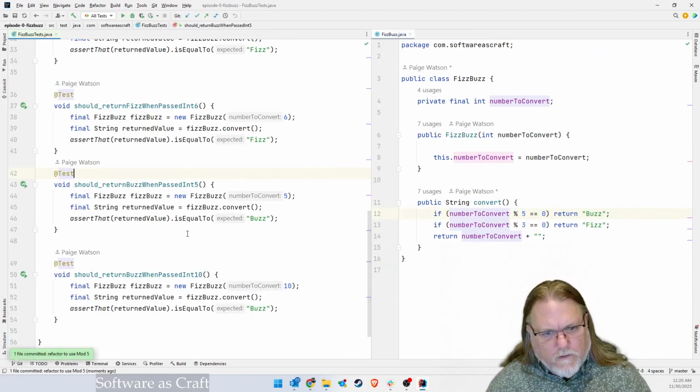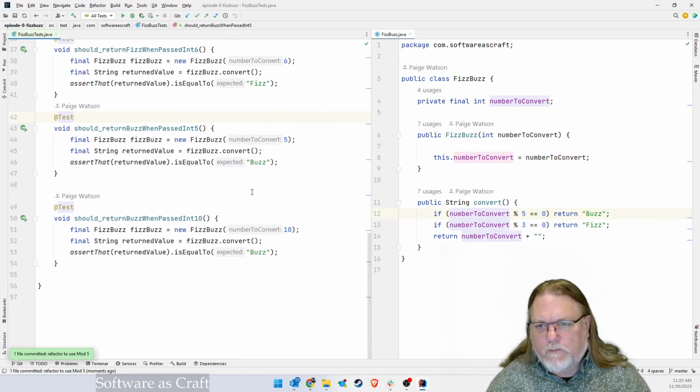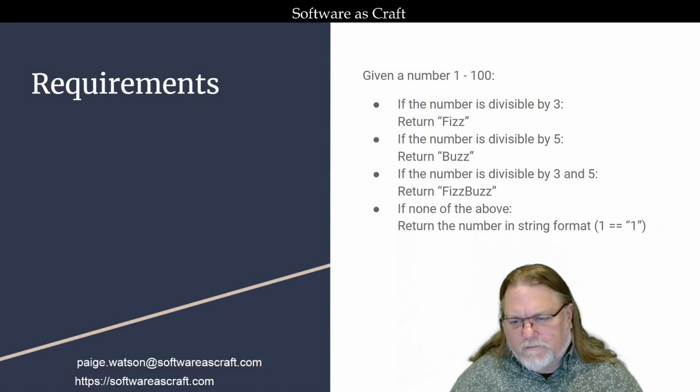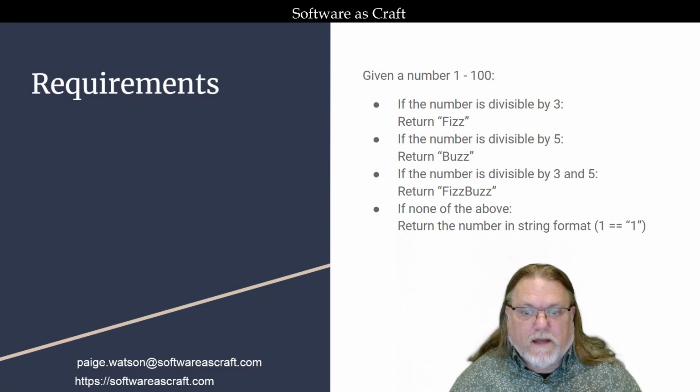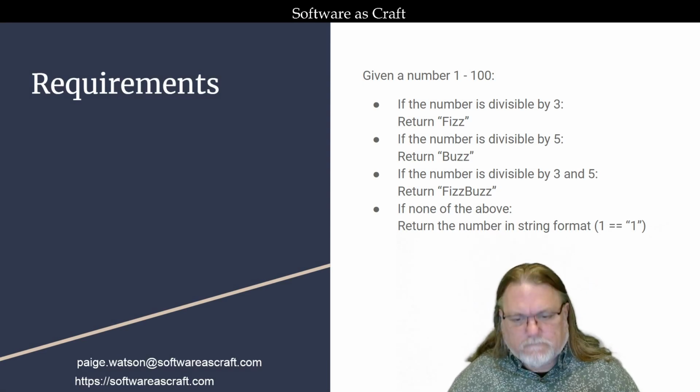And now let's move on, because I don't believe that there's a number that is divisible by 5 that we could pass into here that would not return the word buzz. So let's move on to our final requirement out of these 4, and that's if the number is divisible by 3 and 5.